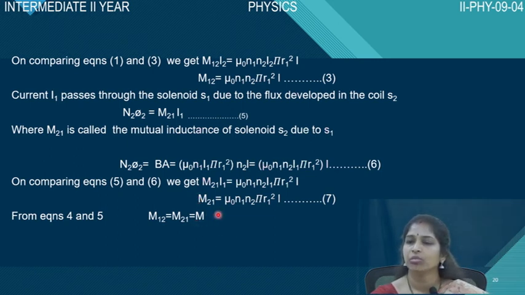It is mu naught N1 N2, and this area in general we can write as pi R square L. So this is the expression for mutual inductance of a solenoid.